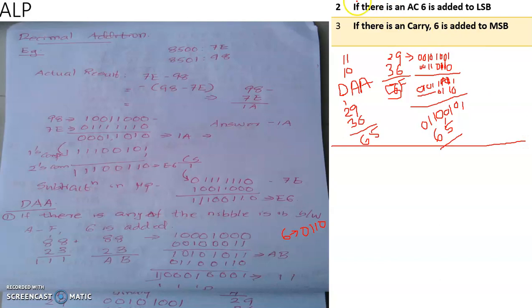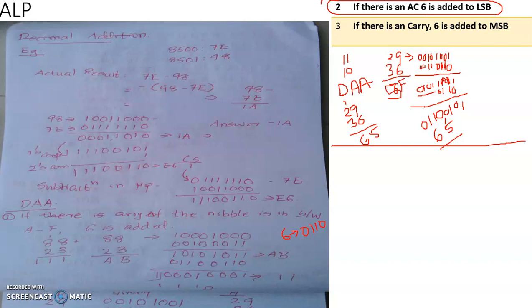Now rule number 2. If there is an auxiliary carry, you have to look into this rule when rule number 1 fails. Rule number 1 states that if any of the nibbles is purely hexadecimal, 6 is to be added to it.